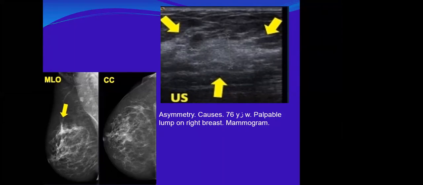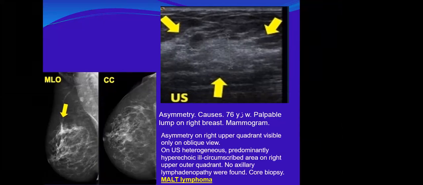As its ultrasound showed a hyperechoic mass in a tubular configuration. Since it is a palpable abnormality, the ultrasound area is just heterogeneous, not very clear, and she's old, she has a palpable abnormality, we have to proceed to biopsy, and it was a MALT lymphoma, the core biopsy result.